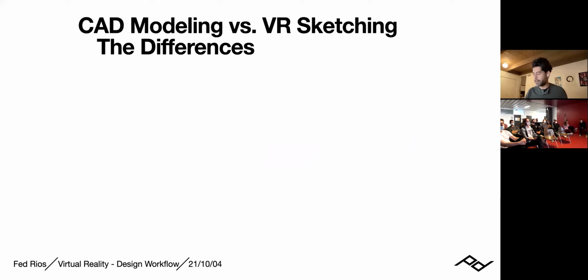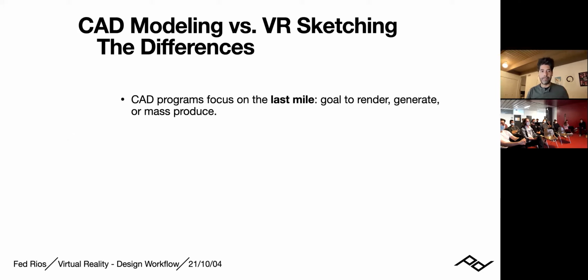Cool. I'll talk a little bit about the differences between CAD and VR sketching and why they're still both important, but why using some of them for some purposes over others. For the big history of these tools, CAD programs focus on what we call the last mile of the design journey, where the goal is to get something rendered or produced, 3D printed, or just get it to mass manufacturing.